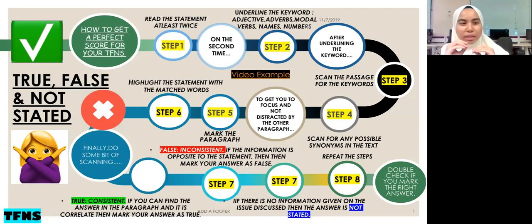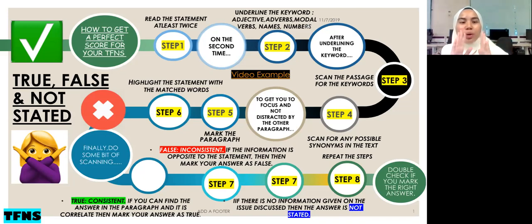So how you can identify not stated is by ensuring that there is no information given on the issue discussed in the text. I believe that some people are quite confused with false and not stated. However, you have to really understand that if the answer is not stated, there is no information.